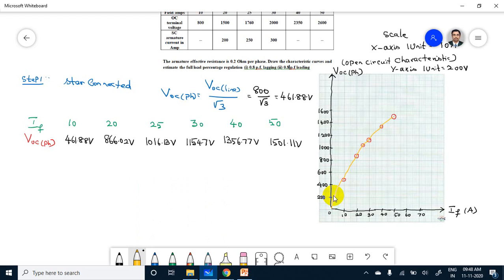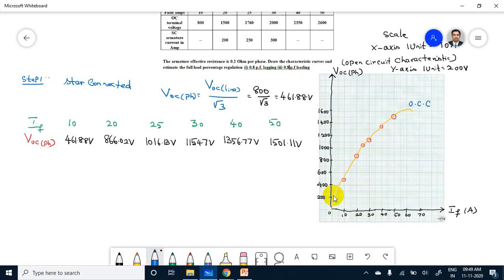Don't use a scale, please join. Okay, it is like this. This line will be the open circuit characteristics. Any doubt, students? Open circuit characteristics.